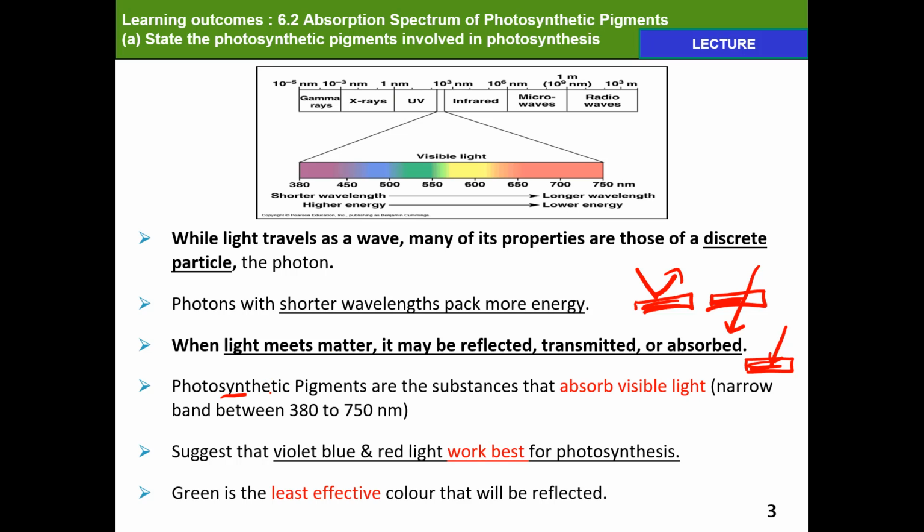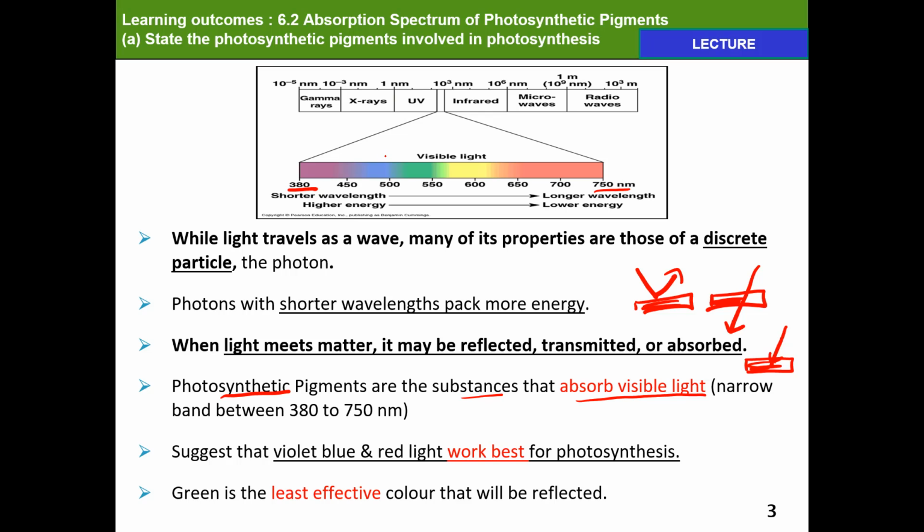Photosynthetic pigments are the substances that absorb visible light in the narrow band between 380 nanometers and 750 nanometers. This suggests that violet, blue and red light work best for photosynthesis.